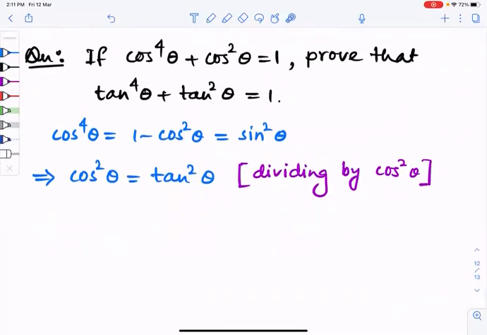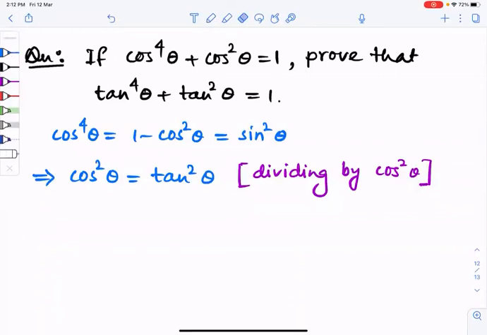So if tan square theta is equal to cos square theta, then what will be tan to the power 4 theta? So tan square theta equal to cos square theta.